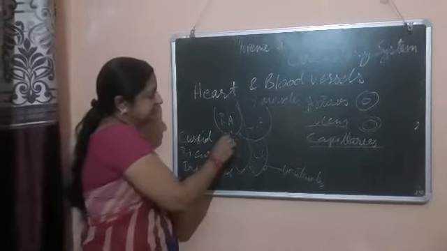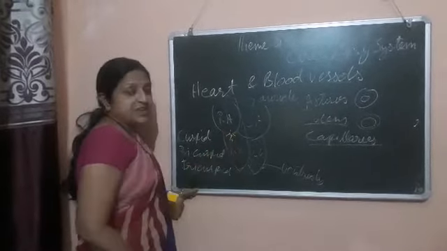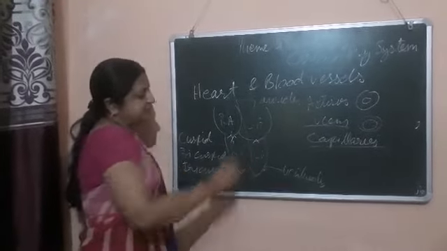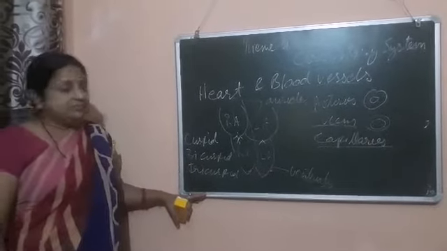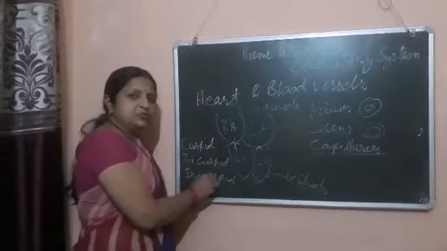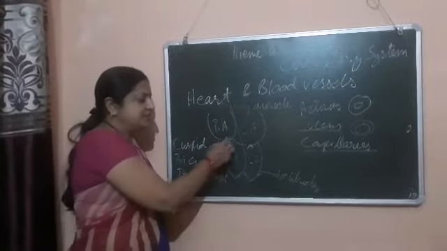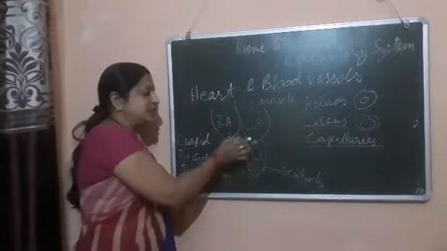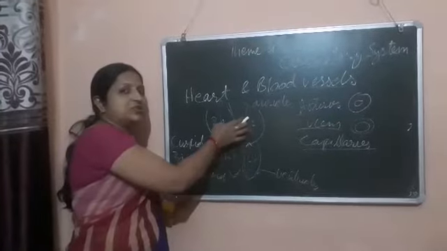Tricuspid valve is present on the right side, whereas bicuspid valve is present on the left side. The function of these two valves is to prevent the backflow of the blood from the ventricles to the auricles.